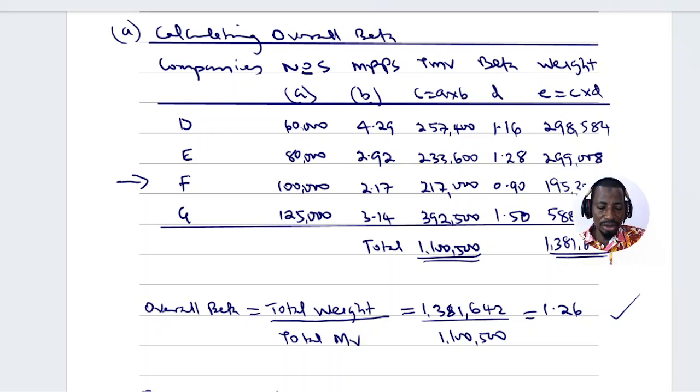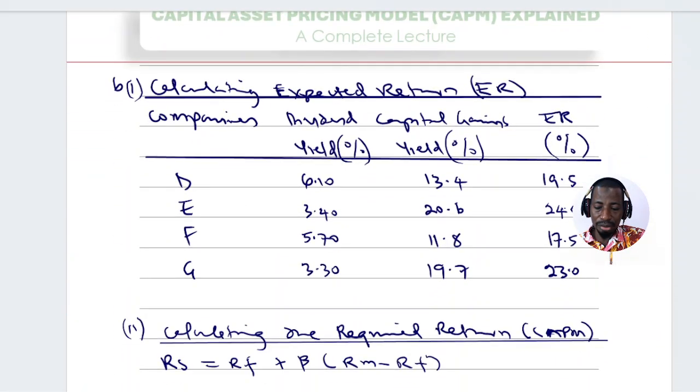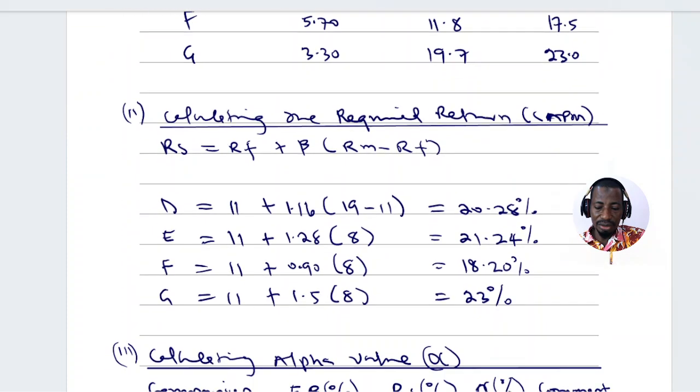Let us also look at the return. The return of individual security should also be higher. Look at the return. You will notice that the higher the risk of the security, the higher the expected return.